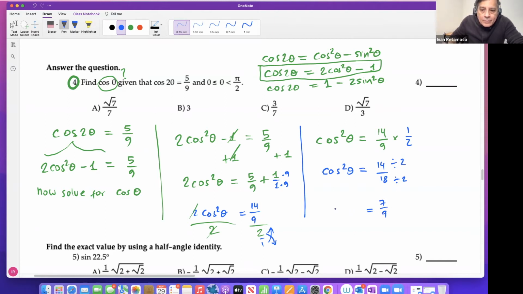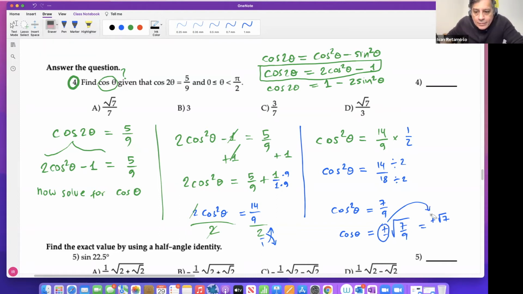Take square roots on both sides. Cosine of theta. I don't know which one should be, the positive or the negative square root. We don't know, but we will know once we apply All Students Take Calculus. According to All Students Take Calculus, what should be the sign?